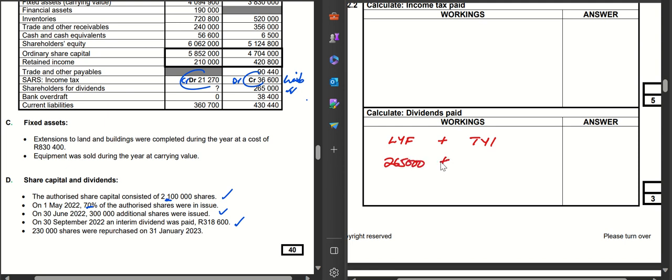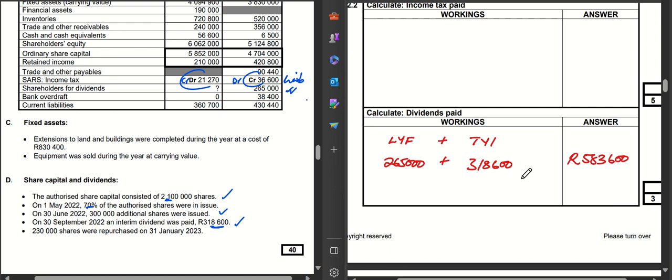Then you add this year's interim, and this one was given to be 318,600. Then the total on your calculator should be 583,600. That becomes your dividends paid.